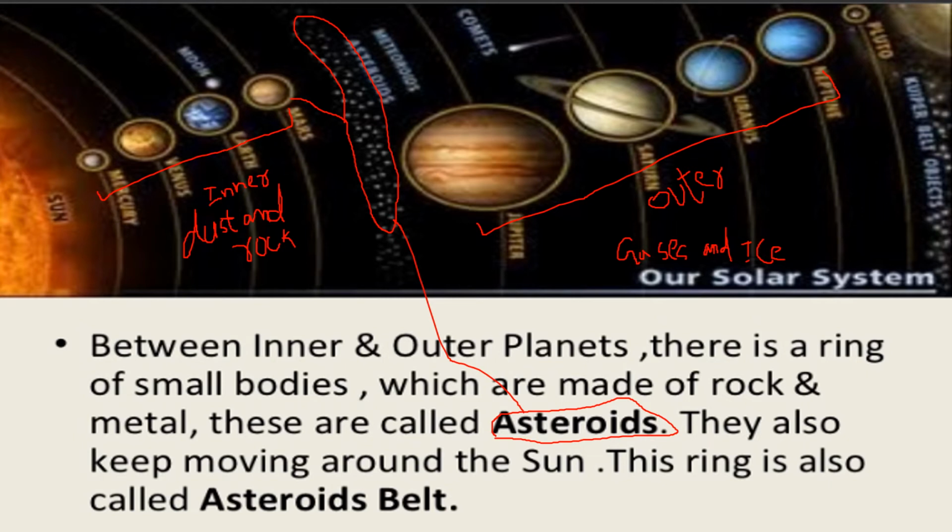There is a rocky or metal material called the asteroids. They also keep moving around the Sun. This ring is also called the asteroid belt. This is the asteroid belt, in between Jupiter and Mars.